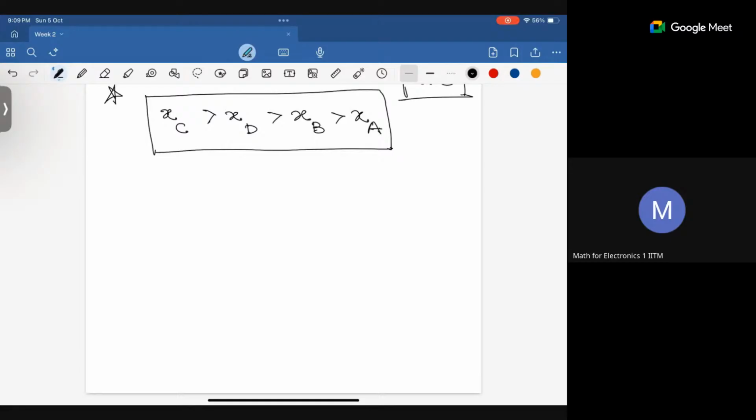It's not how that happens, right? So your online score matters. In parallel, what we want is, when you are solving the online thing, you would have solved it somewhere, just scribbling. Upload that, just to make sure that you didn't copy or anything. Rather, you have solved it on your own and submitted the assignment. That's the only thing that we want, and the only reason behind asking you to submit the handwritten solution.